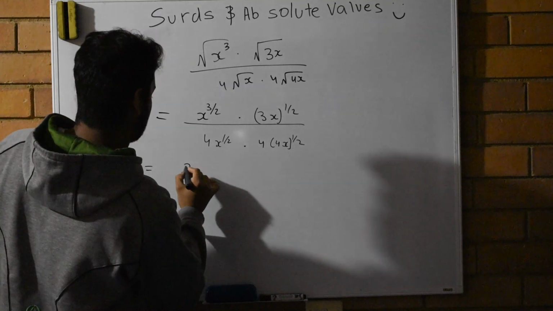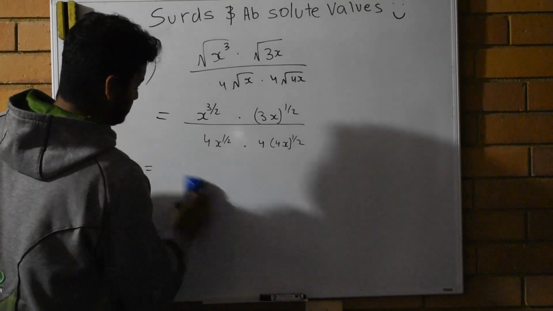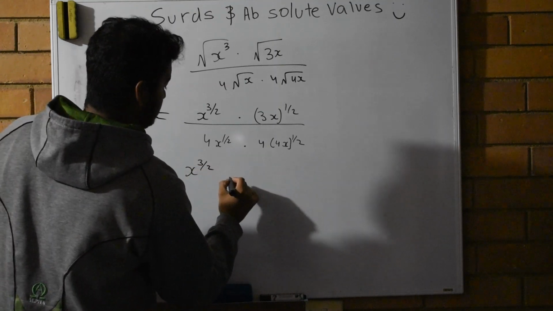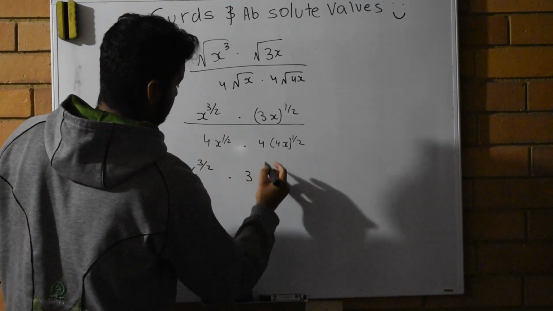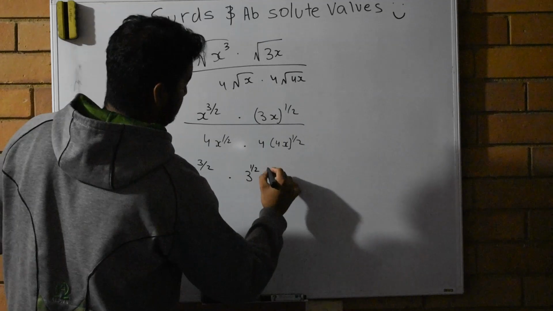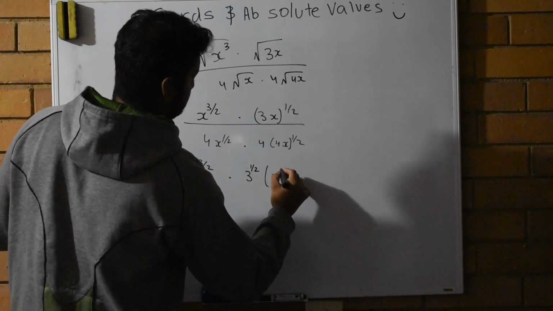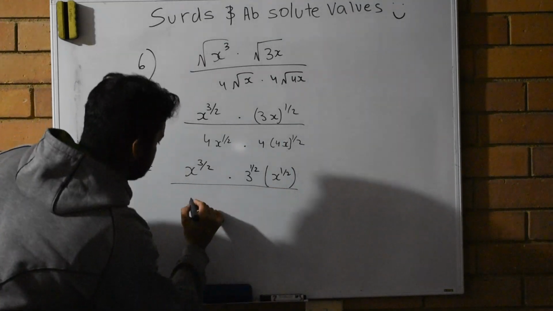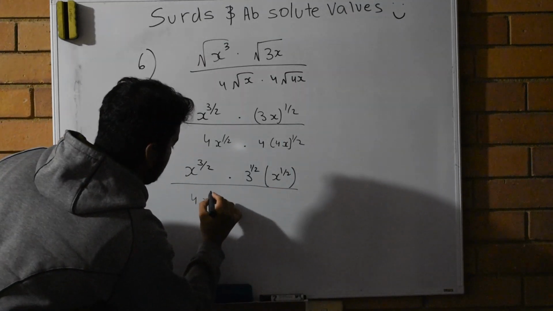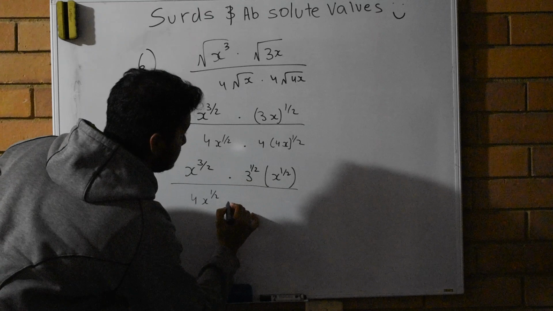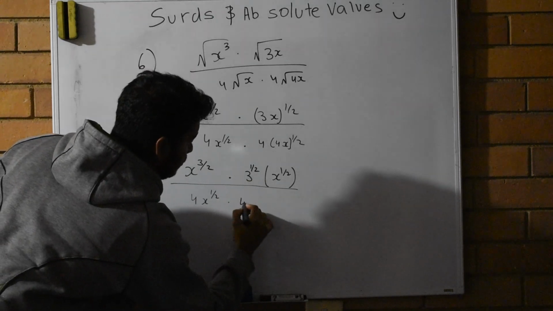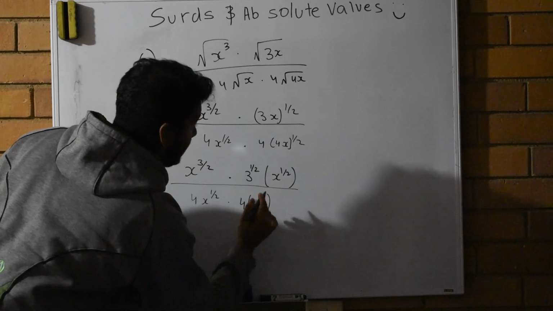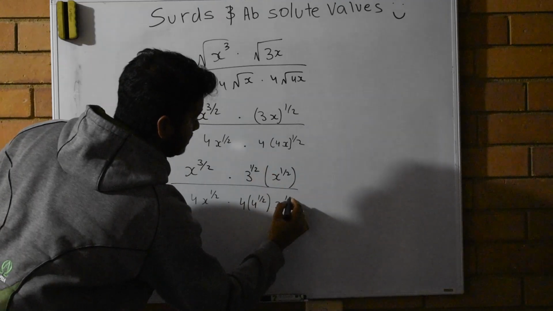So x to the 3 over 2 times 3 to the half, and bracket x to the half. And the denominator is just going to be 4x to the half, and it's going to give you 4 to the half and x to the half.